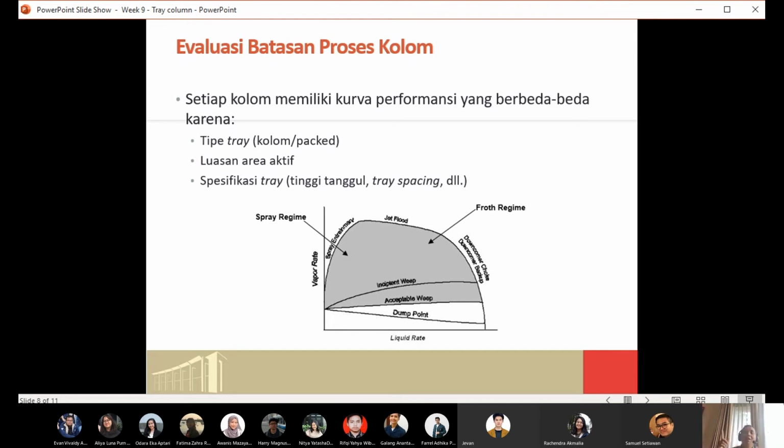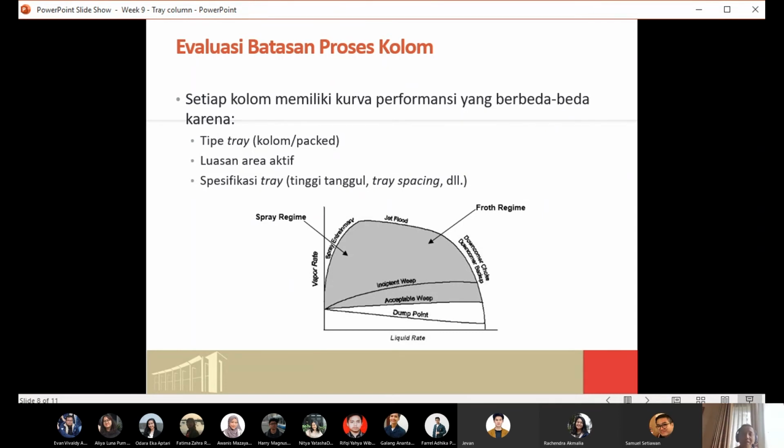But in this case, because the vapor is too high, the velocity is too high due to the high volume. So it can pass through the holes of the tray at a very high speed, and that speed will be able to bring the liquid back from the lower tray to the top tray.